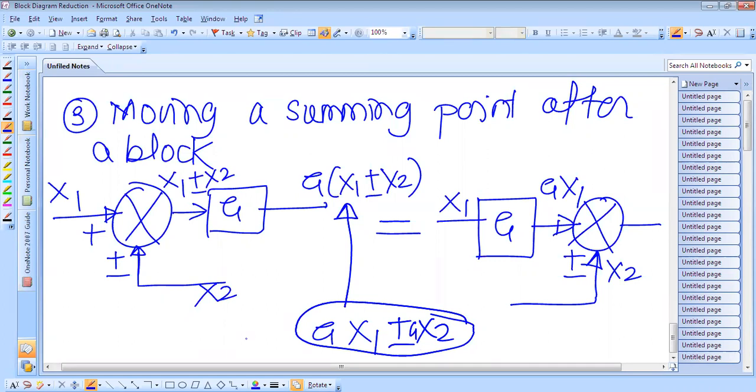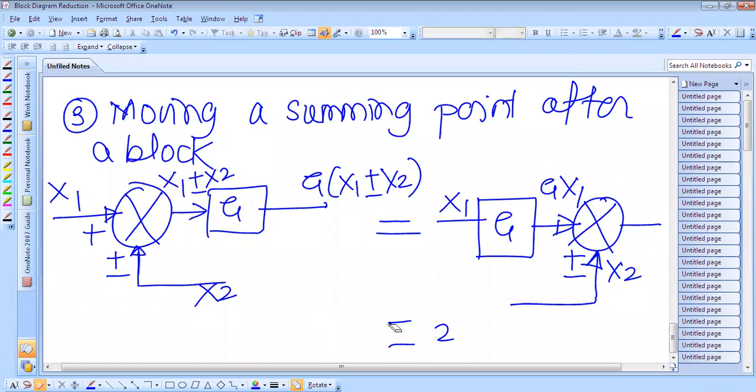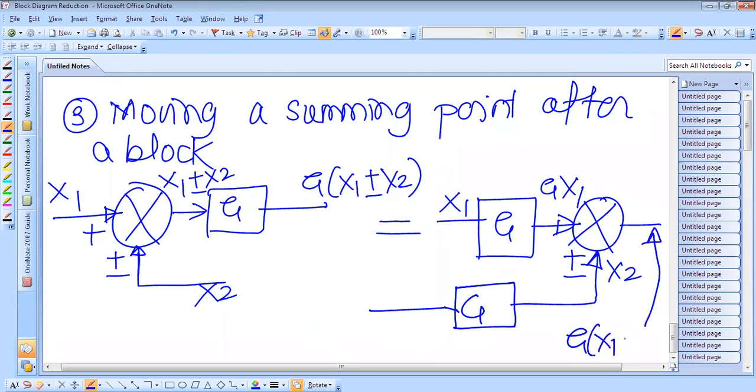So what will we do? We will add one more block in the feedback loop, and the gain of that block will be G. Now it is okay. On this side it is x1G, on this side it is Gx2, so the output will be the same. Output will be G into x1 plus minus x2.